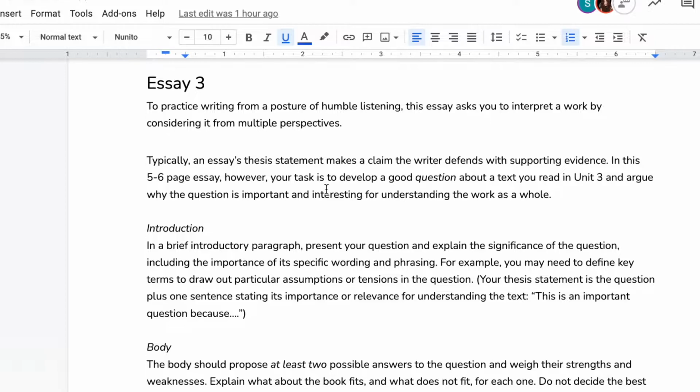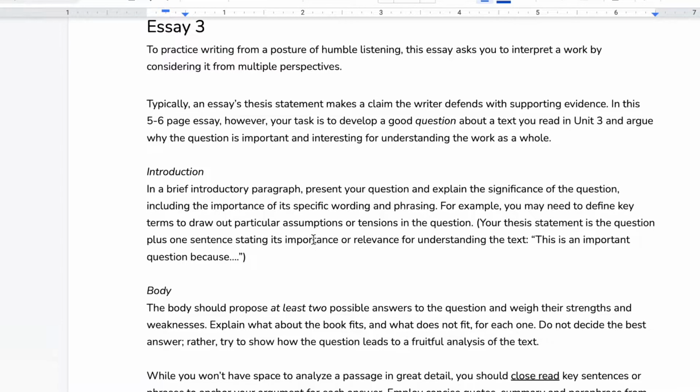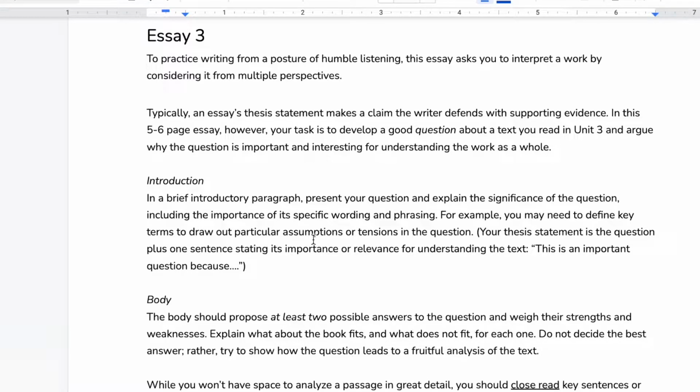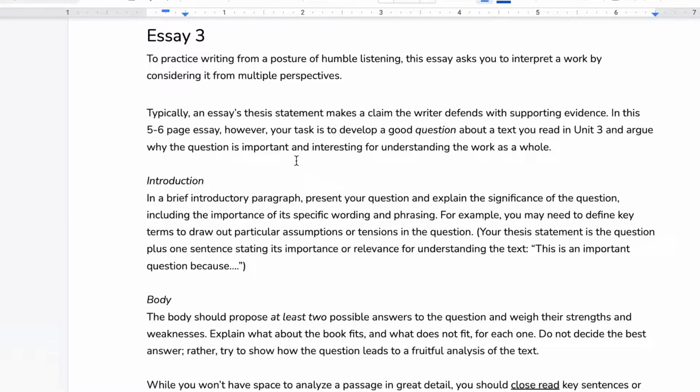Essay 3, unlike your first two essays, is not going to ask you to come up with a definitive thesis statement with an argumentative interpretation, but rather to present a good question to ask about this novel and to explain why it's a good question.